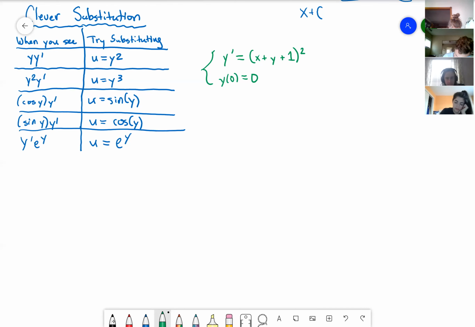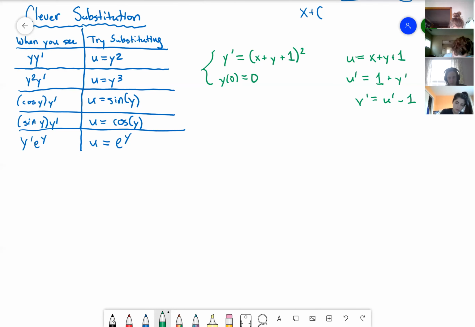So I'm going to make the substitution u is equal to x plus y plus 1. So I get that u prime is equal to 1 plus y prime. So y prime is equal to u prime minus 1.